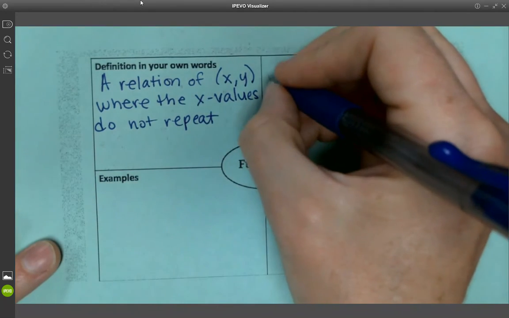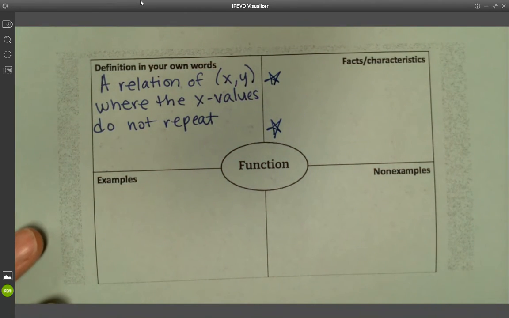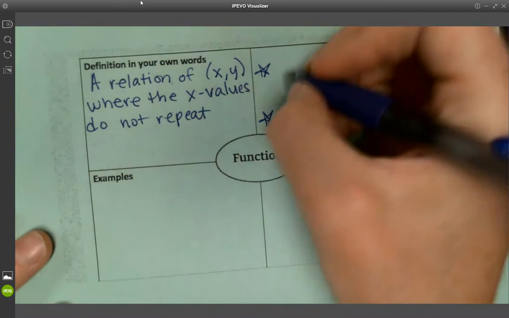So there are two characteristics, two ways of determining whether it's a function or not. One of them is x values don't repeat.